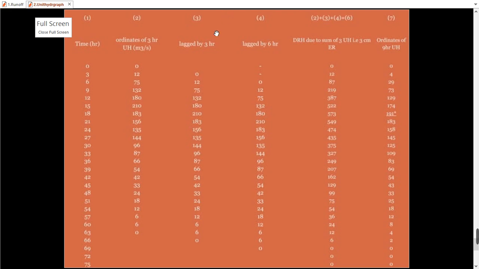Actually, they consider this as one, right? 3 hour, 3 hour. So DRH due to the sum of the 3 centimeter. So we have to add these values to this column 2, 3 plus 4: 3, 0, 0, 0, 12, 0, 0, 75 plus 50, 12, 30, 87, right? This one, right? Okay.